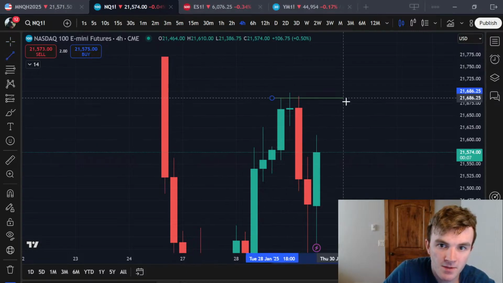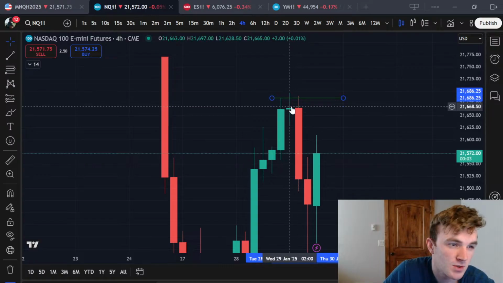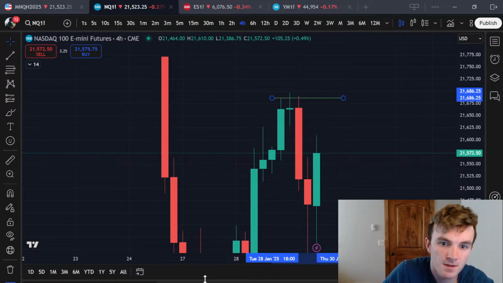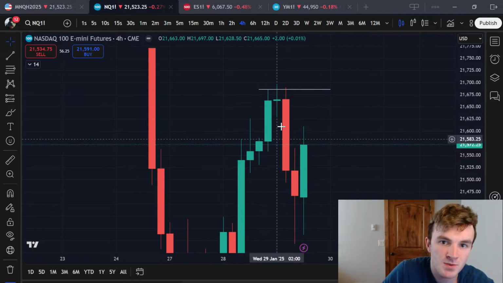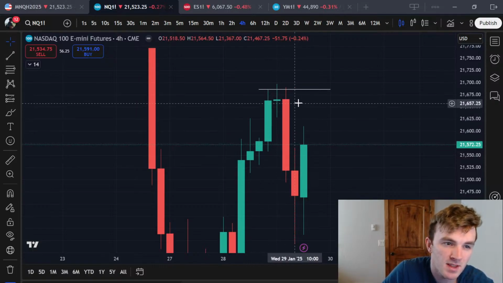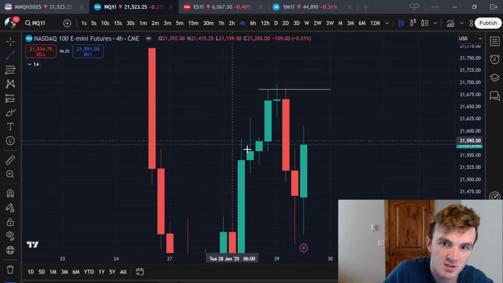Then you have a sweep of that 4-hour candle high. So this is your second candle in your CRT. Right? And so when this happens, when you see this signature and price, you know with a high probability that the third candle should deliver us to the opposing end of the initial candle's range.